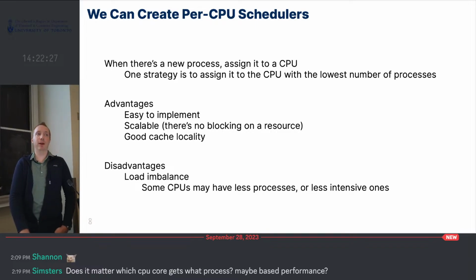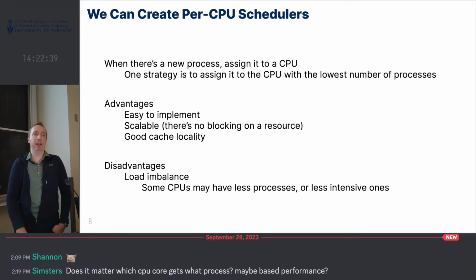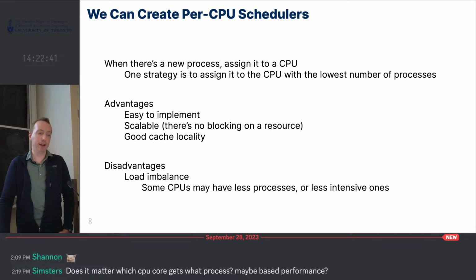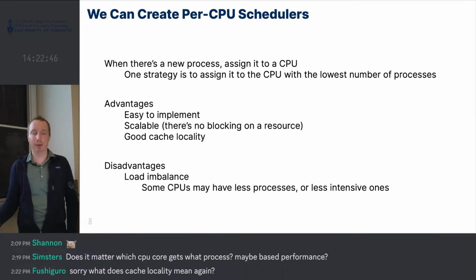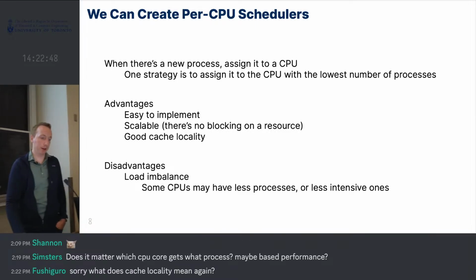And some advantages behind this: it's really easy to implement. It's also scalable because each CPU core can schedule independently. They don't depend on each other. They have a completely different subset of processes. And because of this, the same process is always on the same CPU, so good performance, good cache locality.